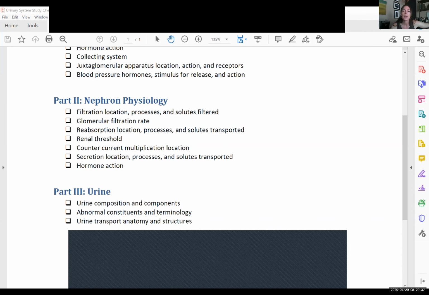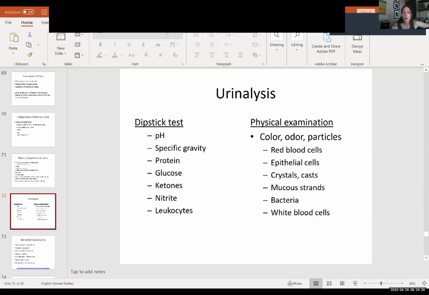Okay, so this is the part where we're going to see things like red blood cells and epithelial cells. These are things that you would see, say, on a histological specimen, where we're actually pulling cells out. So these would be some of the sediment components of urine. You should be familiar with that and know which are normal things in urine.